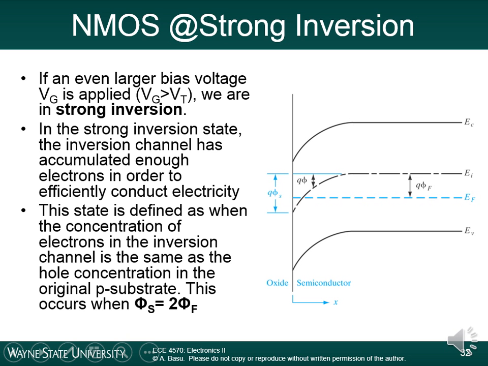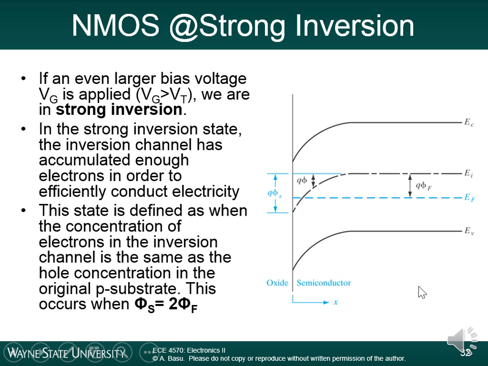From the perspective of the energy band diagram, this definition that I just gave you will happen when the bending in the diagram, Q phi s, is equal to 2 times Q phi f. This is a little confusing.